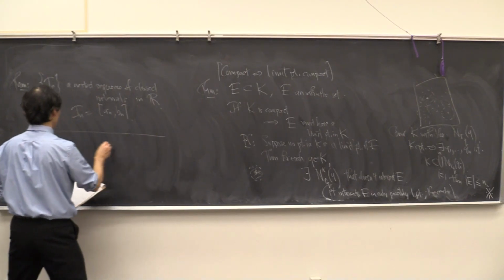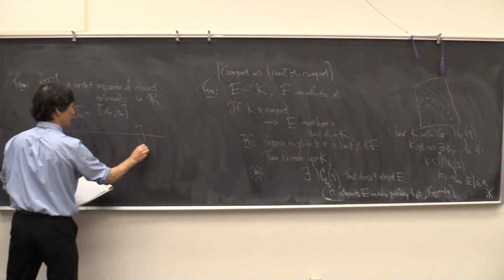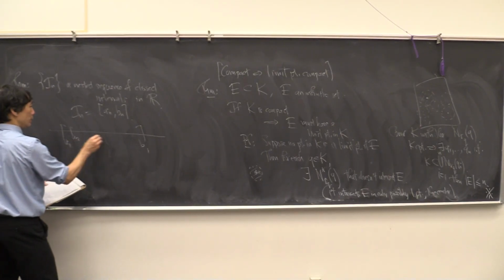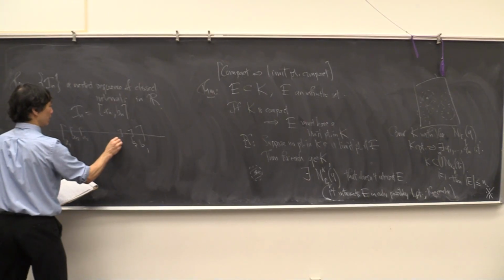So you've got these nested intervals: I1 = [a1, b1], [a2, b2], [a3, b3], and so on.